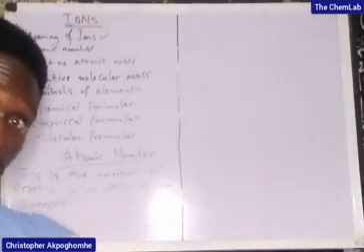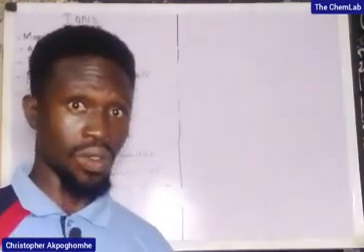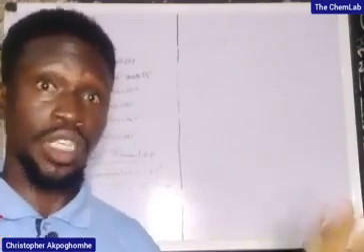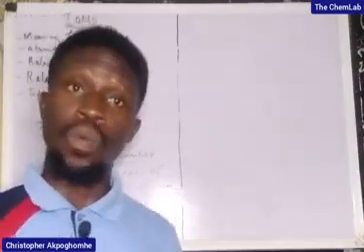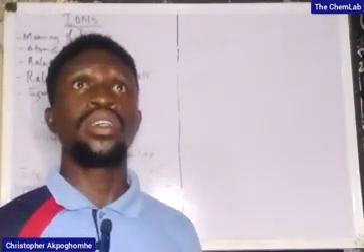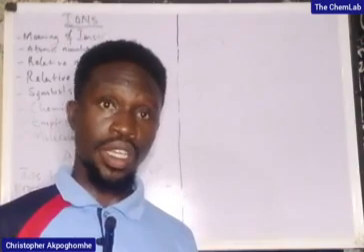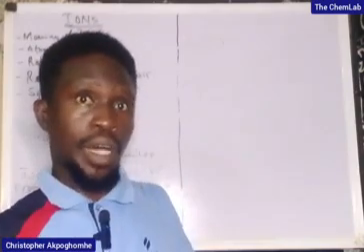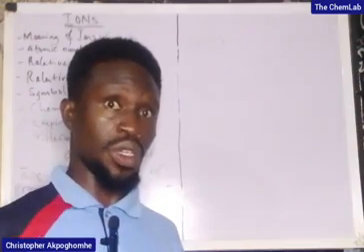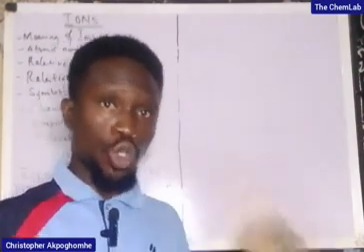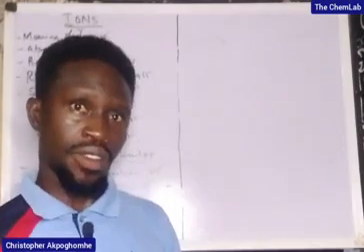Now, this also applies to other elements. So, if sodium has 11 electrons, that means sodium has 11 protons. And so the atomic number of sodium is 11. Okay?